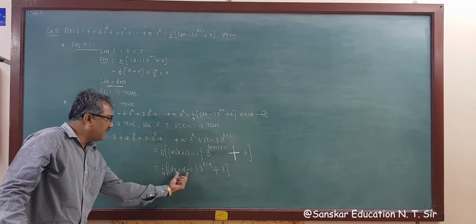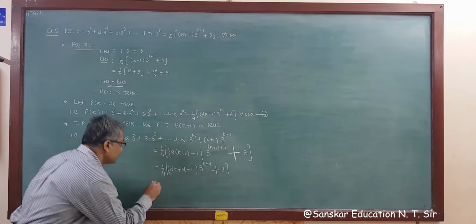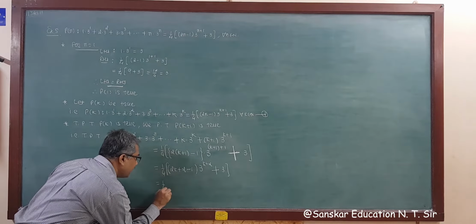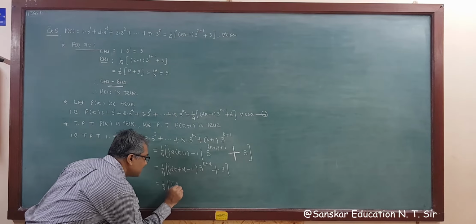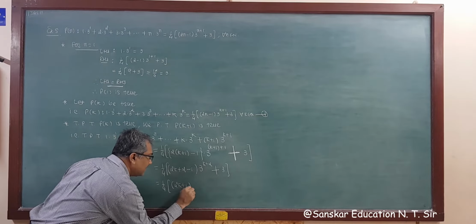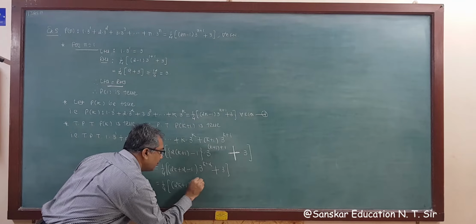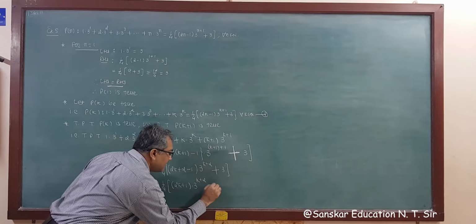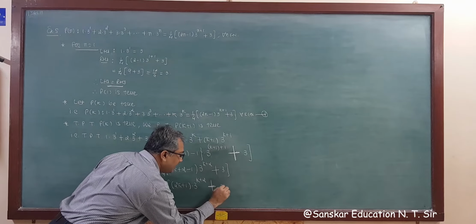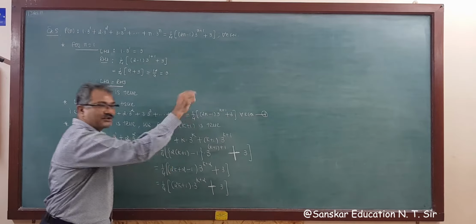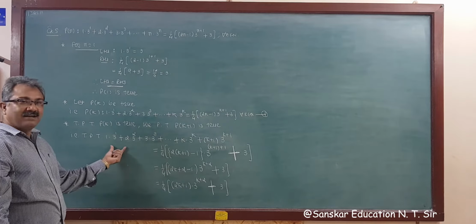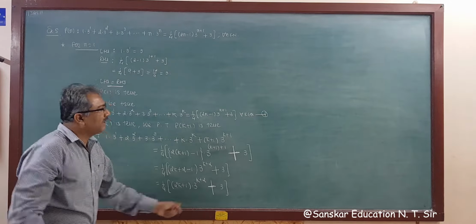Now this is 2k, 2 minus 1 is 1, so this is equal to 1/4, this is 2k plus 1 into 3 raised to k plus 2 and then plus 3, right. So this is your target, this is left hand side, this is your right hand side.